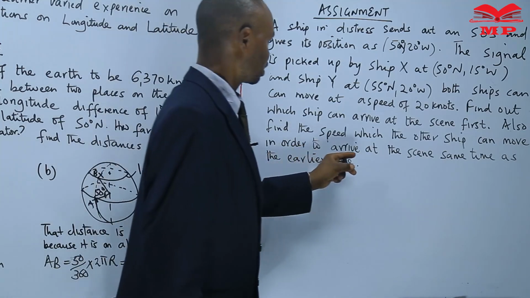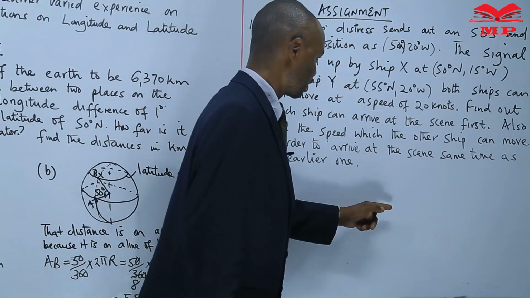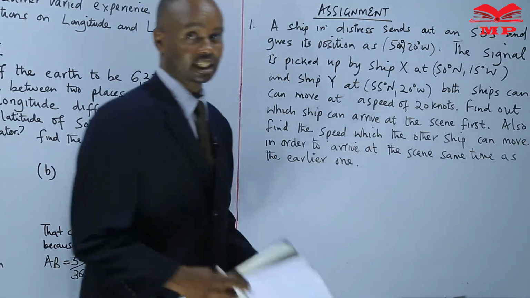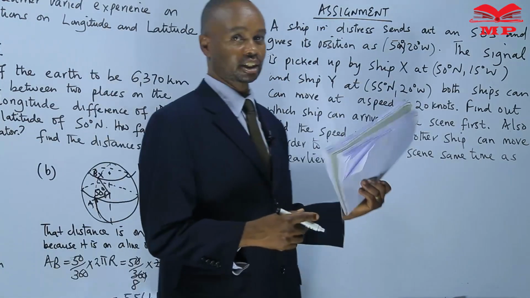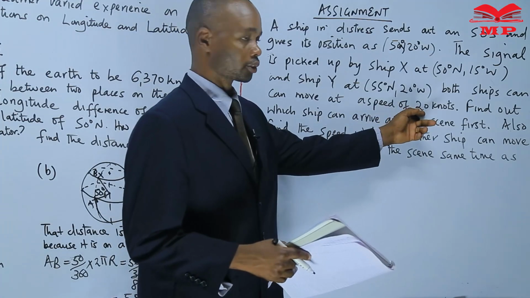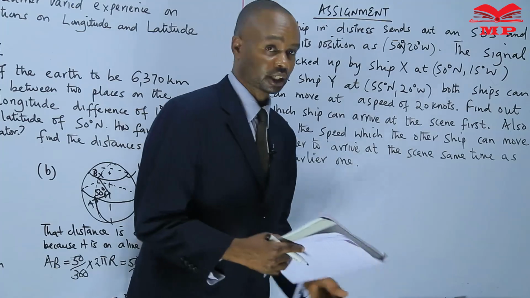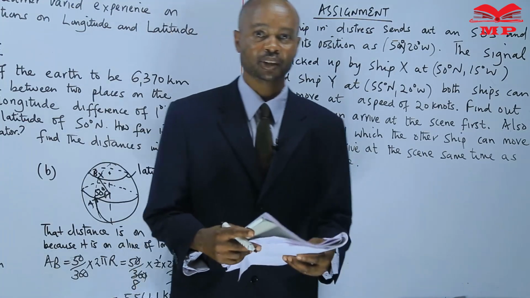Also find the speed at which the other ship can move in order to arrive at the scene at the same time as the earlier one. It means there is one ship that will arrive earlier than the other if they do 20 knots. So the other ship should increase its speed in order for them to arrive at the same time.